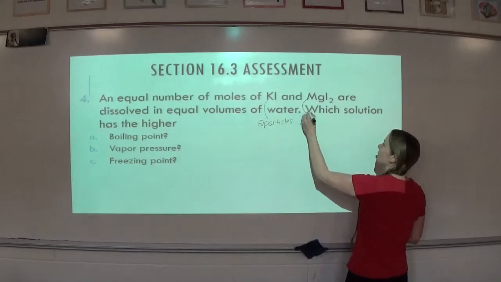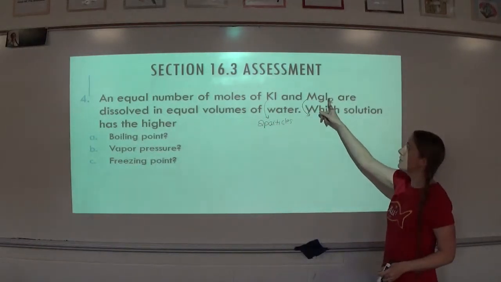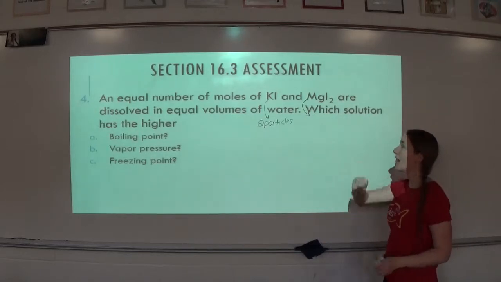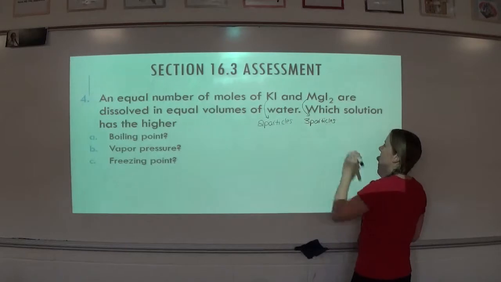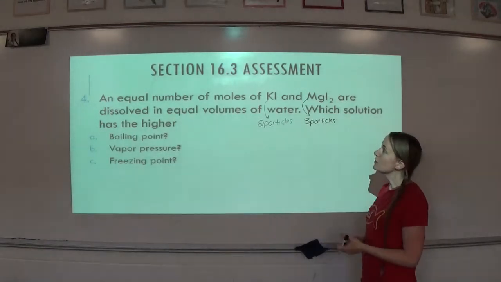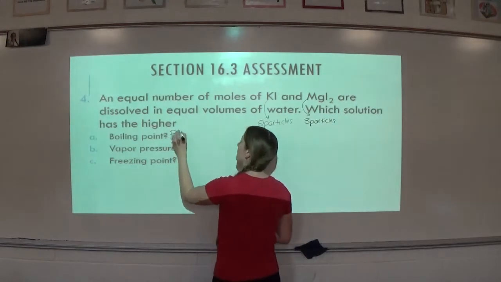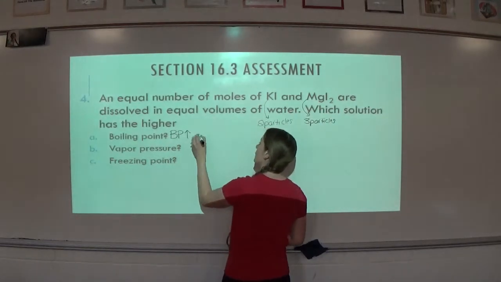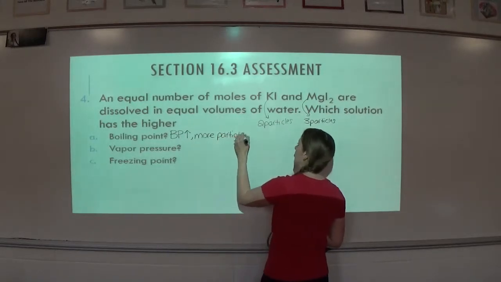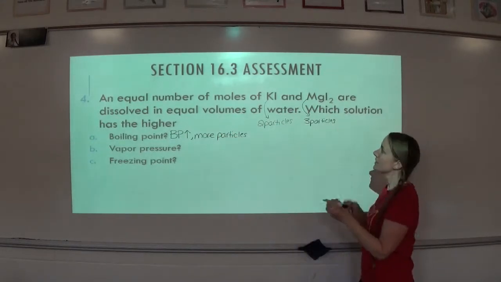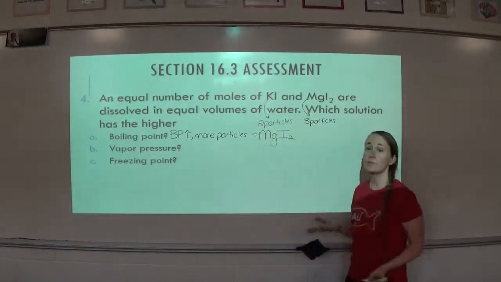And then MgI2, that is also ionic because it's a metal and a non-metal, but I'm going to get 1 Mg and 2 I's. So I'm actually going to get 3 particles. So then it says, which one has the higher boiling point? Well, our colligative property is boiling point elevation, so that means I want the one with more particles. So who has more particles? The MgI2. So that one would have the higher boiling point.